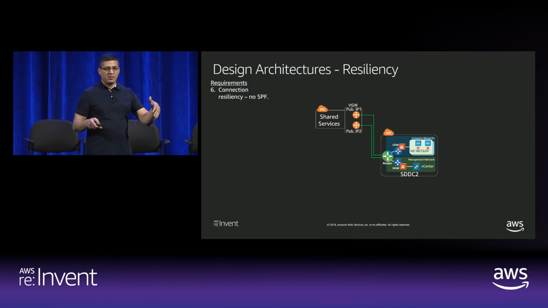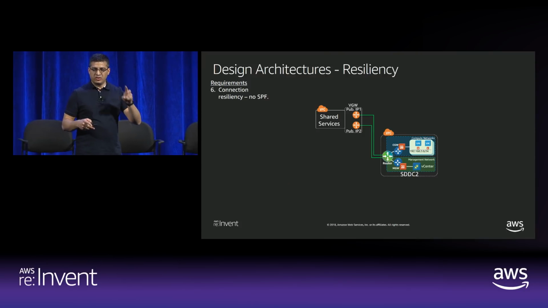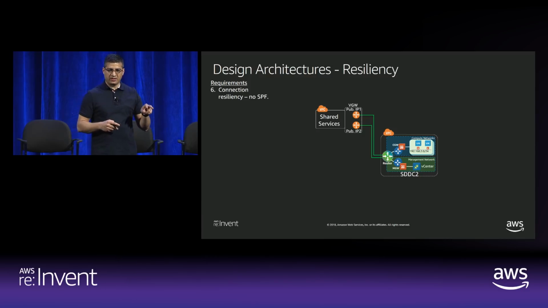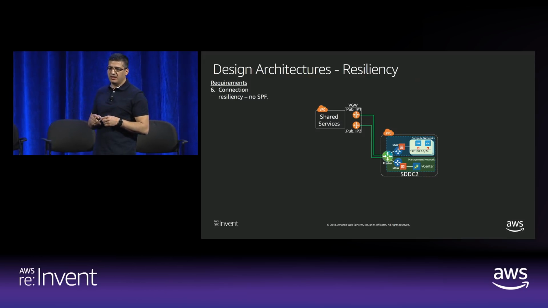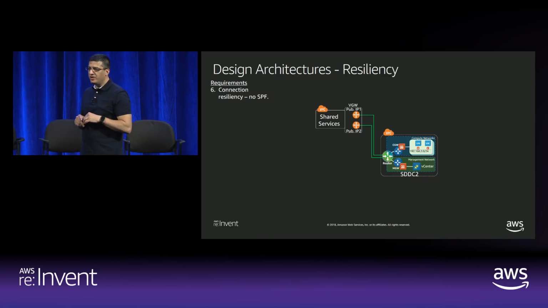And I know with every VPN connection, you get 2 public endpoints. So we just need to make sure that we have 2 tunnels up, and BGP will take care of picking the active one. However, I have 1 edge on the SDDC side. So is there a single point of failure here?